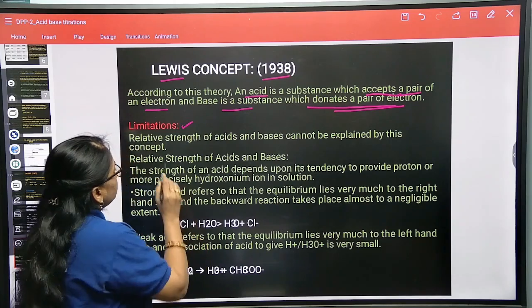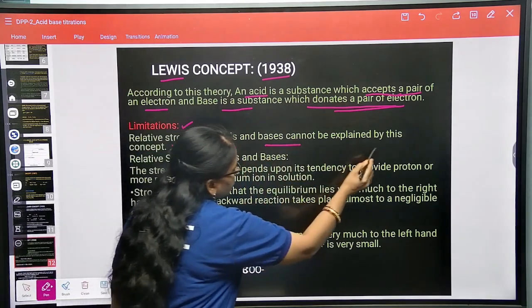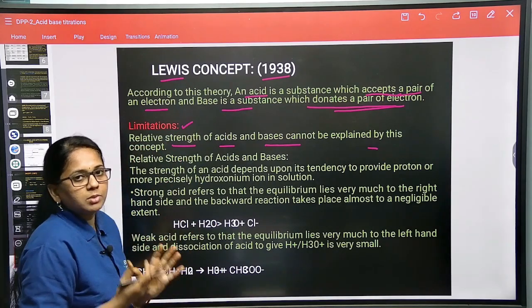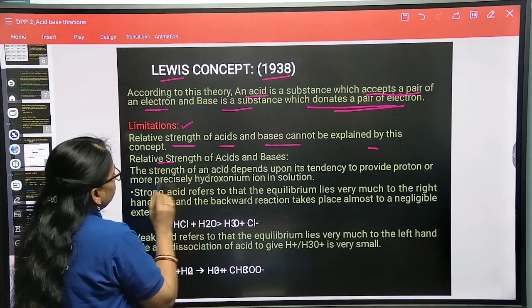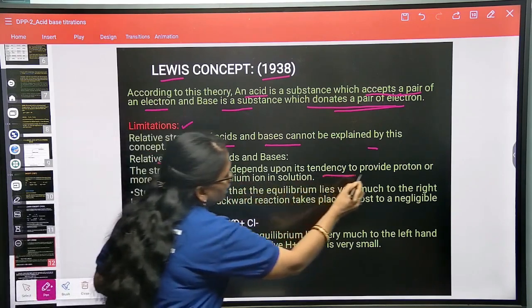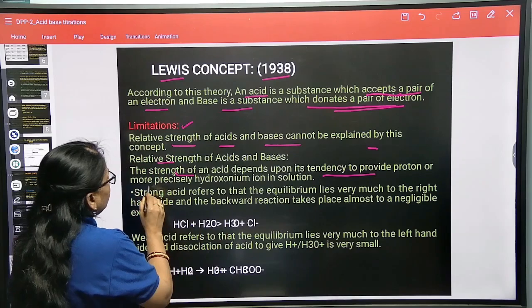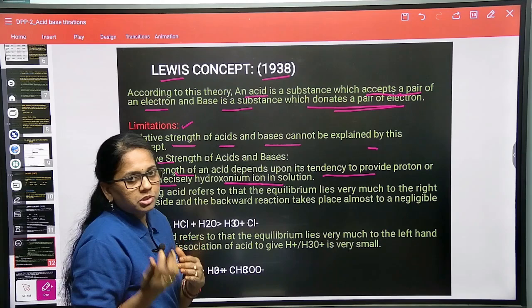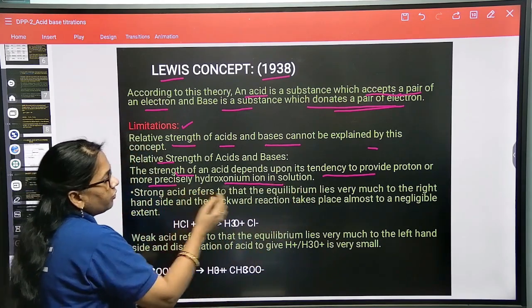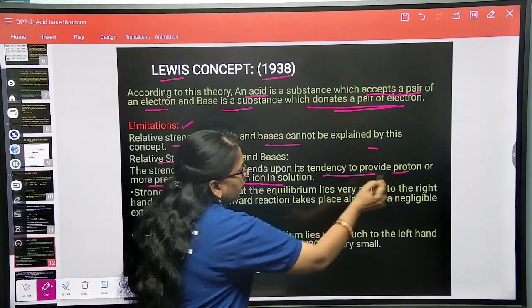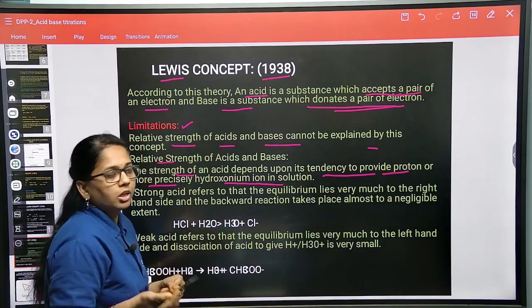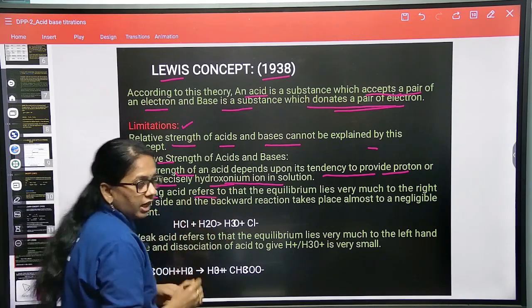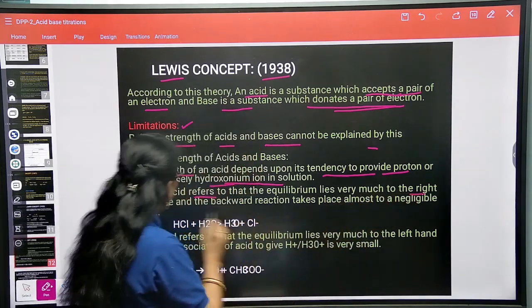But this theory also has some limitations. Let us see what they are. The relative strength of acids and bases cannot be explained by this theory. Any acid or base has some strength. The strength of an acid depends upon its tendency to provide the proton, or more precisely the hydronium ion, in solution. A strong acid means the equilibrium lies very much to the right-hand side of the reaction.